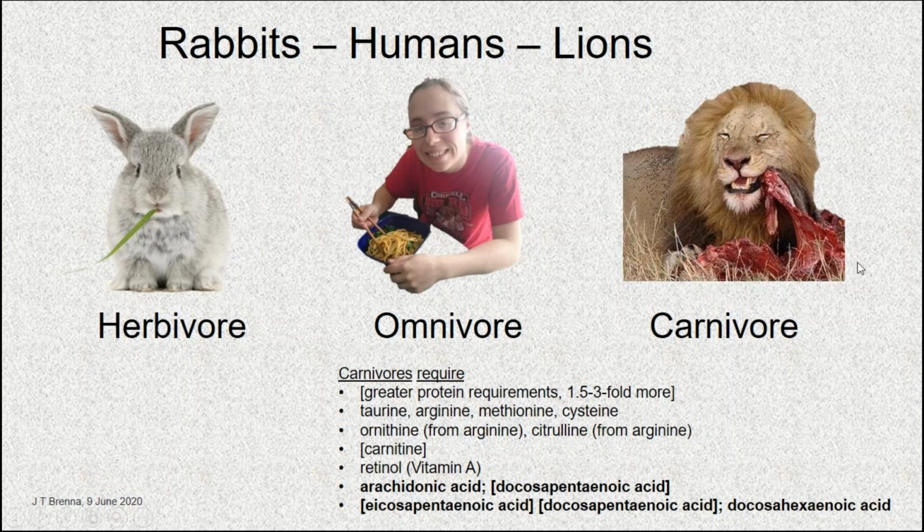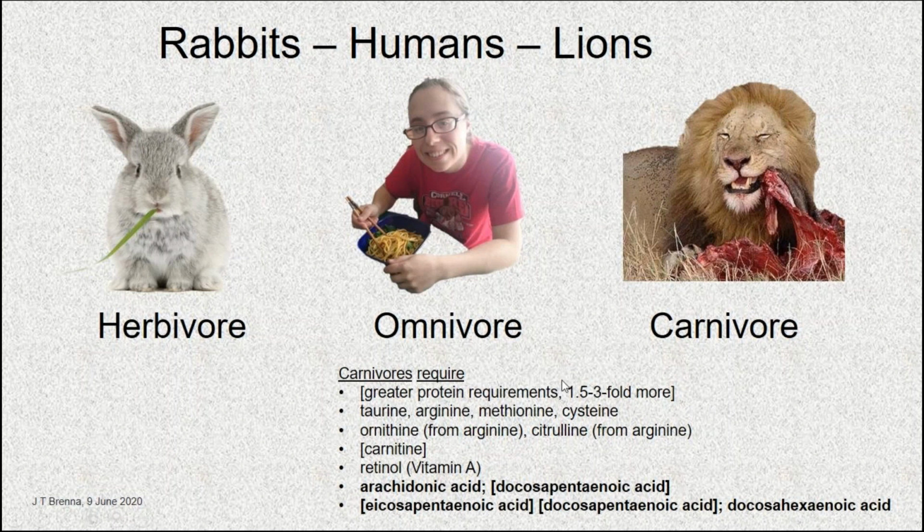Then there are carnivores, where the vast majority of what they consume is meat, and then humans are omnivores. We eat both, and I'll remind you that carnivores have greater protein requirements. They can't make retinol from carotene. They require vitamin A, and they cannot make the long chain polyunsaturates. They don't have the genes, functional genes. They have genes, but they don't function anymore.